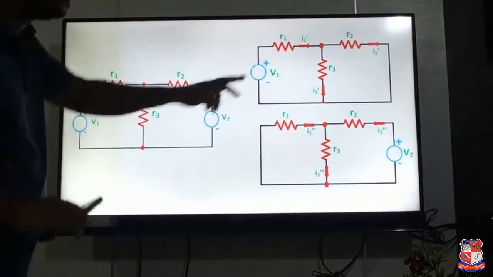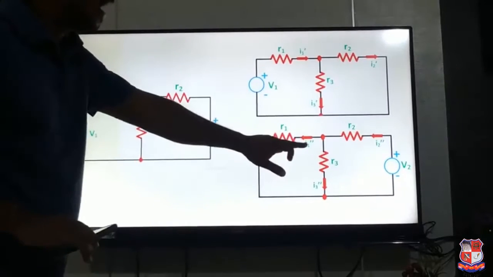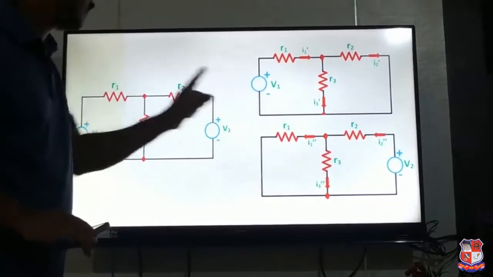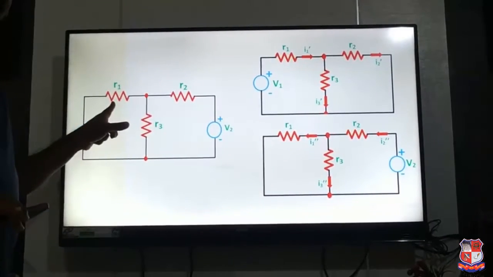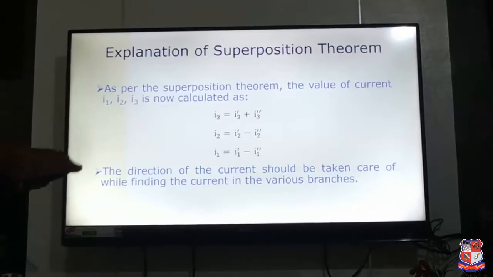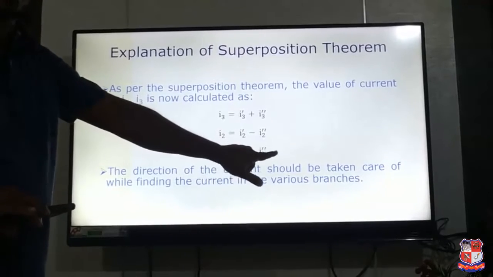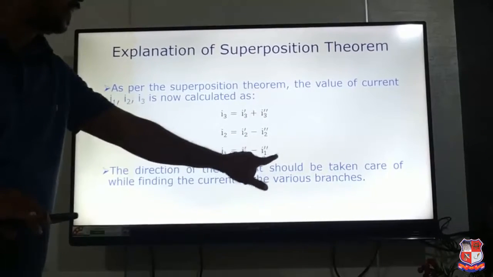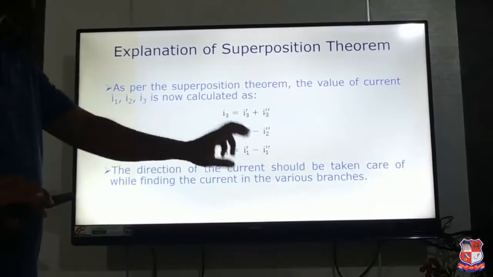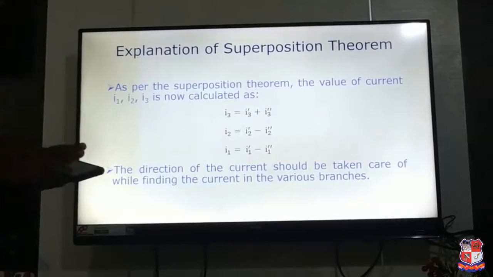That means the algebraic sum of I1 dash and I1 double dash is equal to the resultant current I1. So this is the formula: I1 is equal to I1 dash minus I1 double dash. This is the algebraic sum of currents. Not only the arithmetic sum, it is the algebraic sum of current.